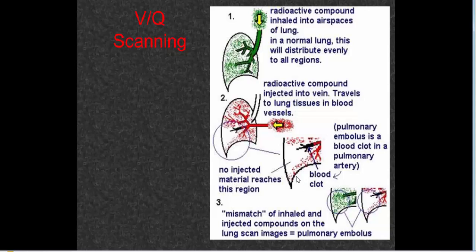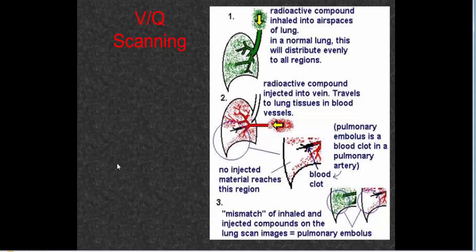No injected material reaches these regions. We compare the image with the radioactive material injected intravenously and the image with the radioactive material inhaled. A mismatch between inhaled and injected compound in the lung equals pulmonary embolus.